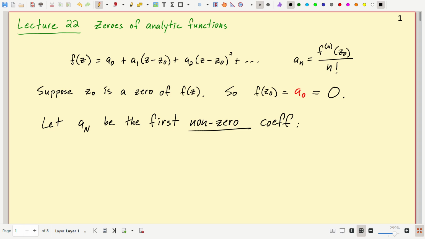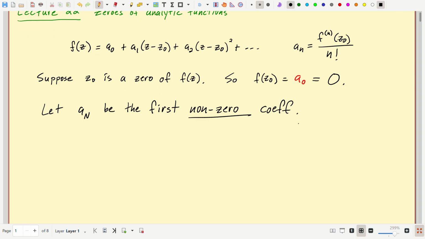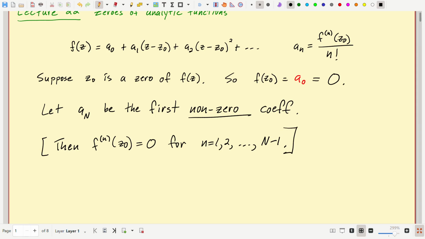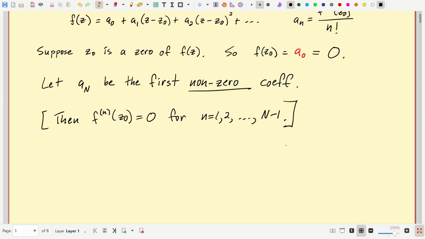So that would mean that by Taylor's formula for the coefficients, the nth derivatives at z0 would be equal to 0 for n equal 1, 2, out to n minus 1. Okay, and let's see, so now what can I do? Now I can write my power series.